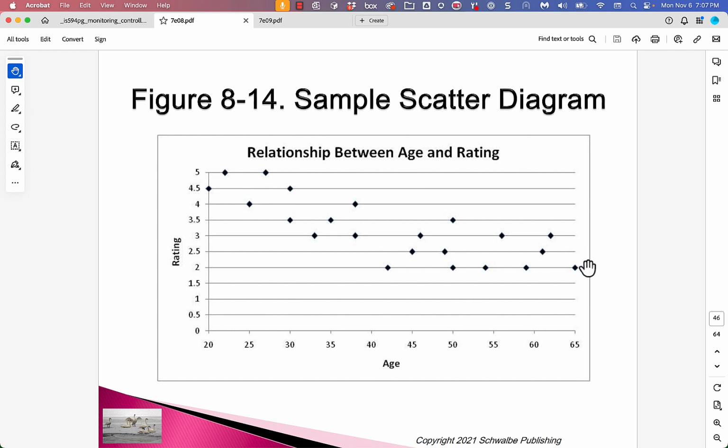If you ran a linear regression on this, you would see that it would be a straight line with a downward slope, and if you use linear regression, you could come up with a formula for the line where the errors away from the line would sum to zero. Okay, and again, what are we looking for? Well, we're looking for the deviations from the regression line to be small and we want them to be random.